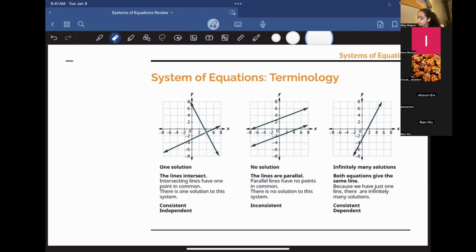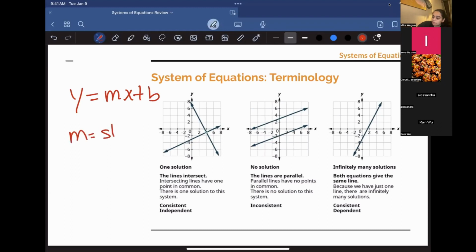If we think in terms of y equals mx plus b, where m equals slope and b equals y-intercept, if m and b are the same for 2 lines, that means there are an infinite number of solutions, because they're the exact same line.